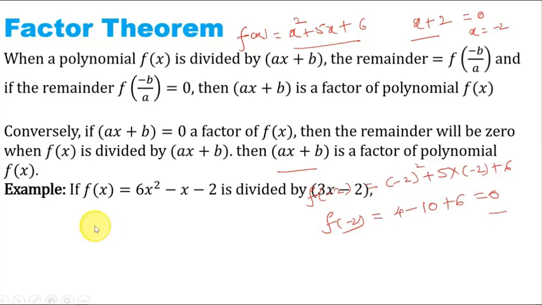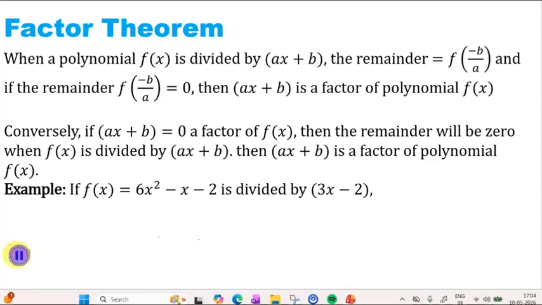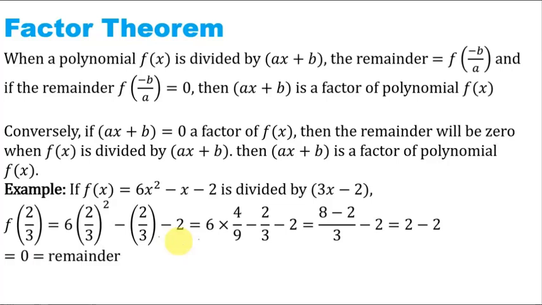Now here an example. If f(x) = 6x² − x − 2 is divided by 3x − 2, we will replace x by 2/3. How is it here? 3x − 2 = 0, then you will get 3x = 2.